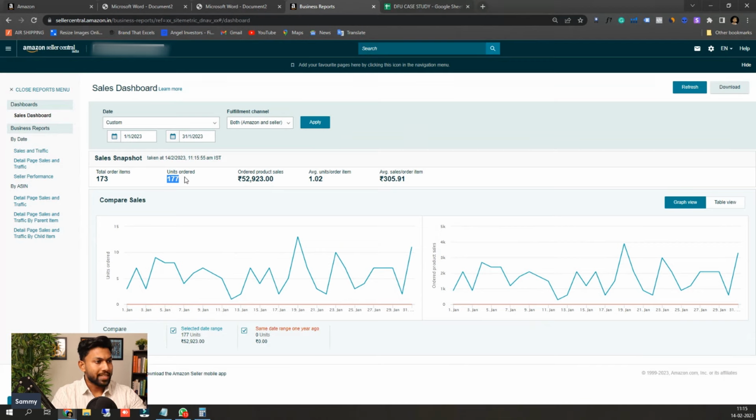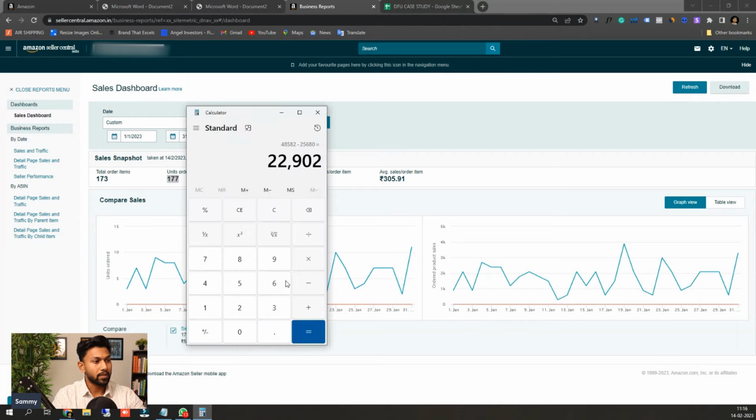So total 177 units were ordered. So 177 into 100, because their product cost is 100 rupees, that will be 17,700 rupees. So the net profit is coming around 5,202.